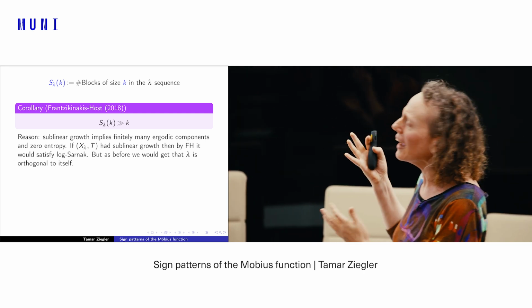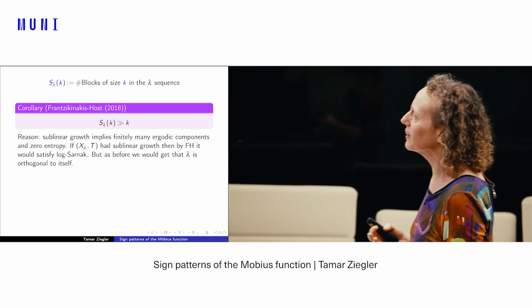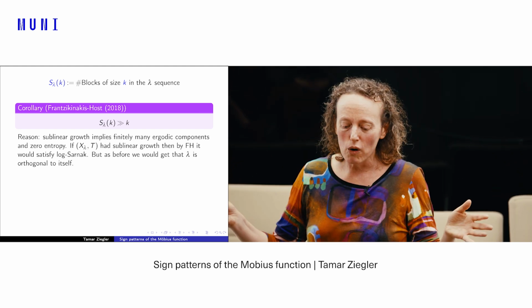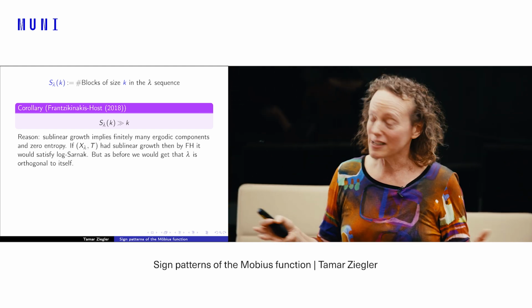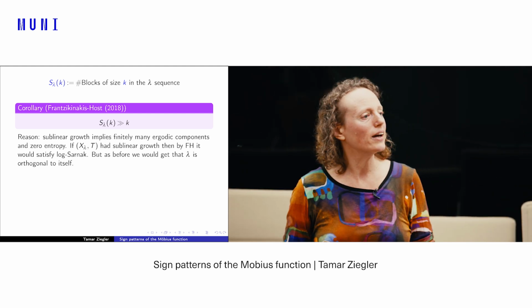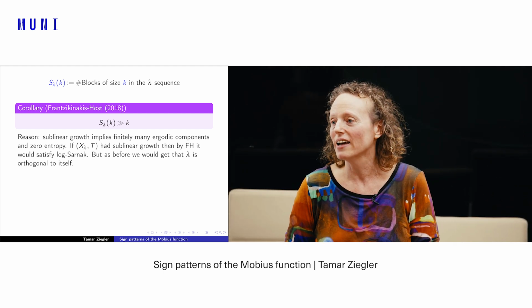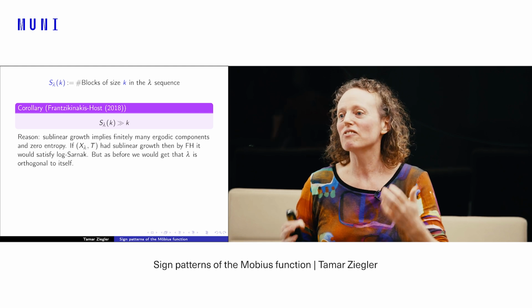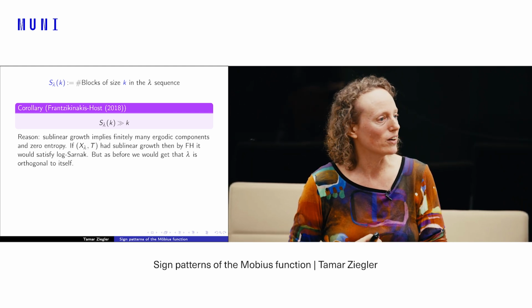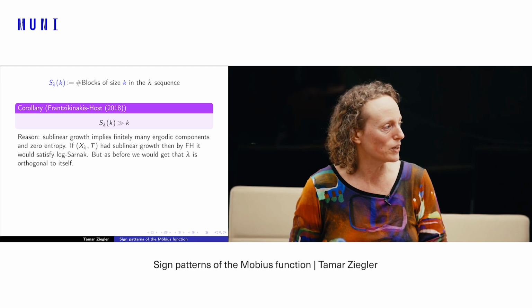How does their theorem imply this? In a way similar to the argument I described before: if you have too few blocks, sublinear growth, then you're not exactly uniquely ergodic, but you have at most finitely many ergodic components, and by the same argument as before you get a contradiction. You get that lambda has to be orthogonal to itself.